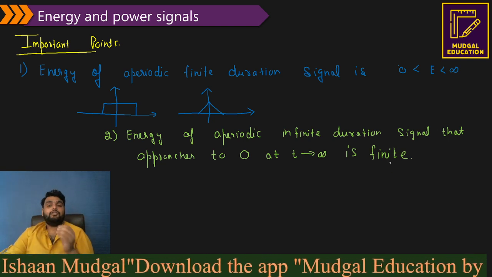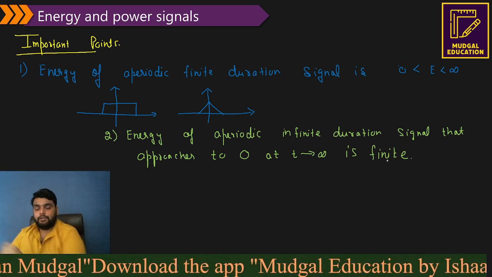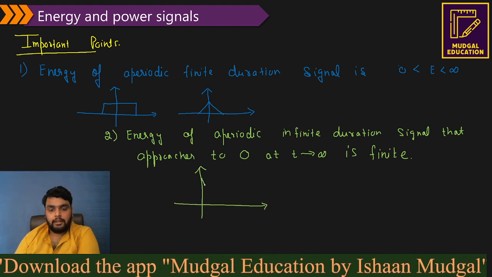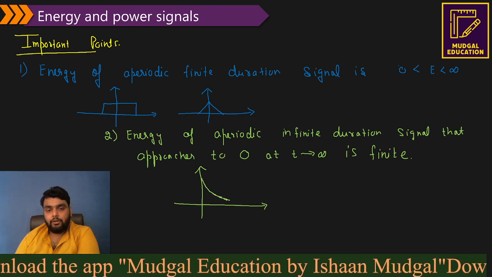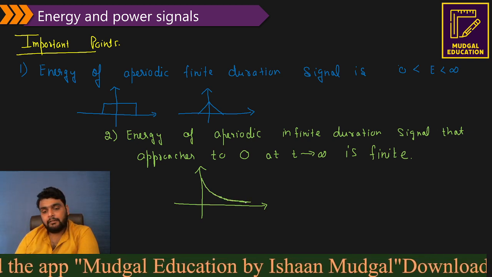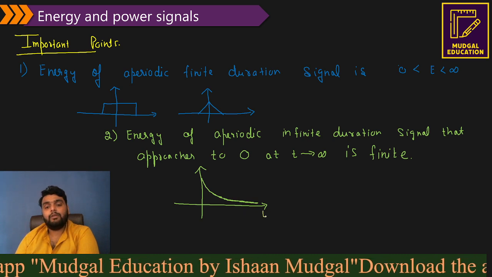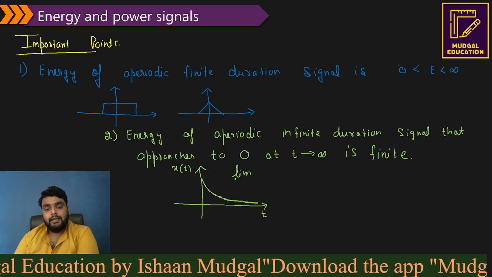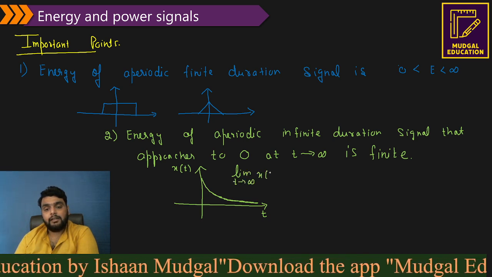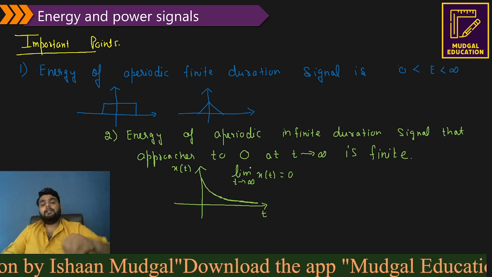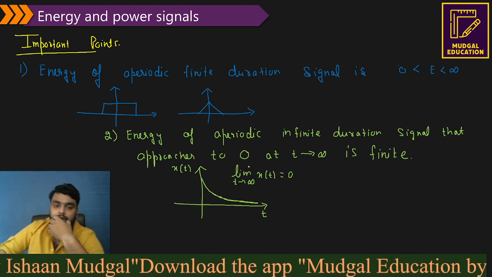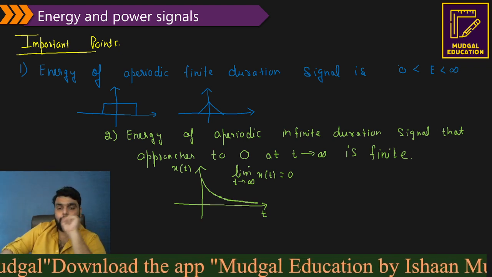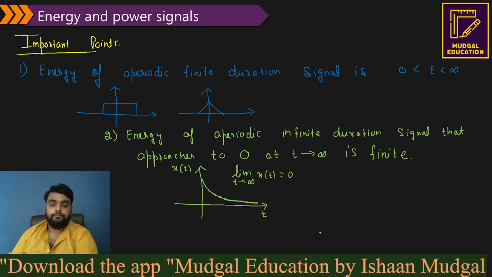So what is this signal? For example, the exponential decay signal. The exponential decay signal is aperiodic, but it tends to 0 as time tends to infinity. The limit as t tends to infinity of x(t) is equal to 0. So for this, the energy is finite, and we calculated it. It is 1/2a.